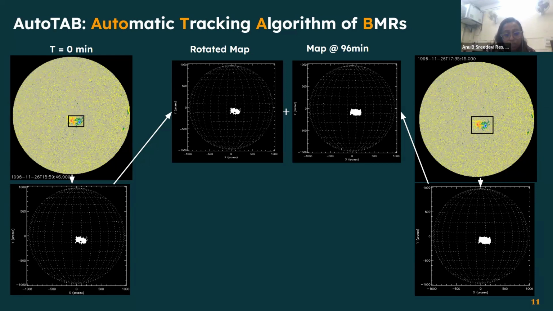Our morphological operation is also dependent on how many BMRs are there in that magnetogram. If you are aware of the morphological operation, you use kernels. The kernel is adaptive based on the average magnetic field of the magnetogram. So did it help with your answer?